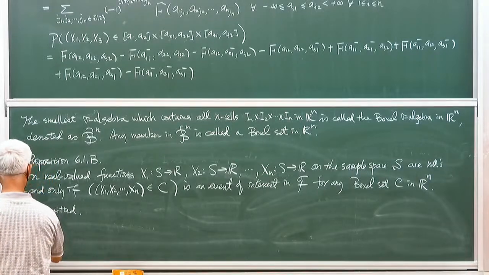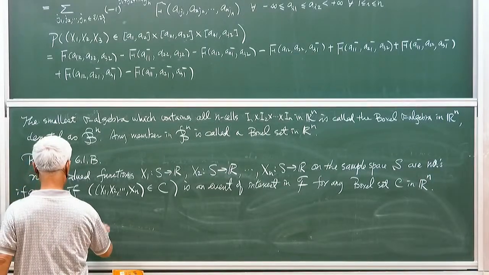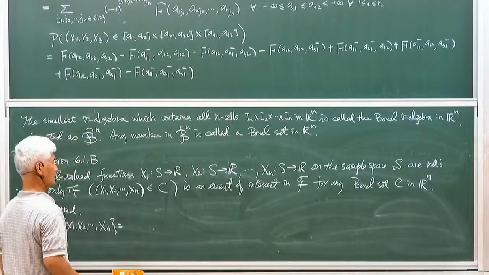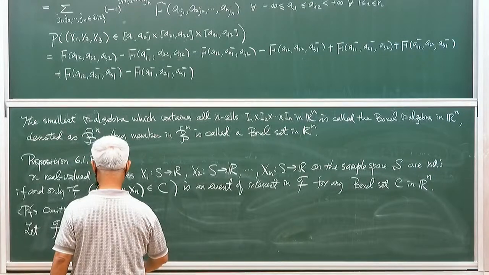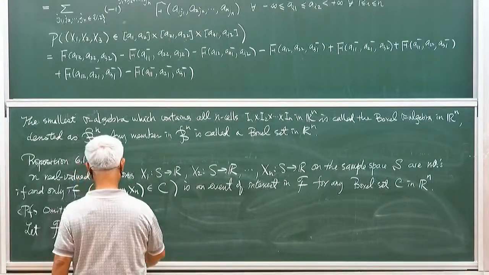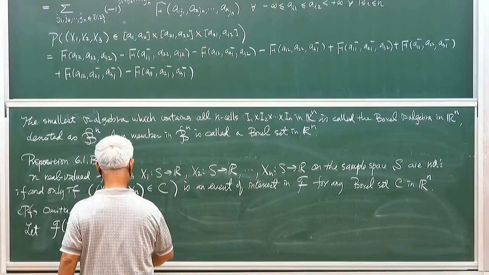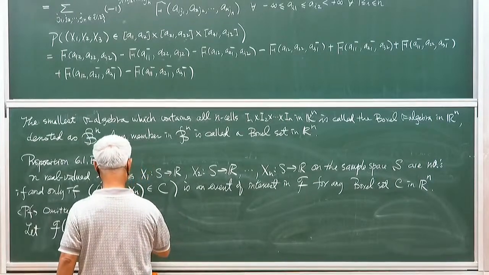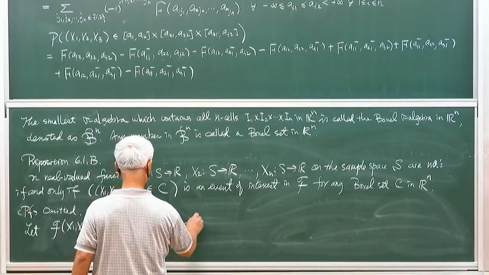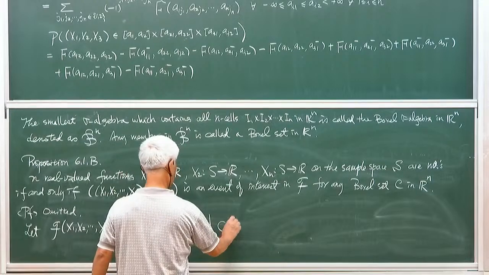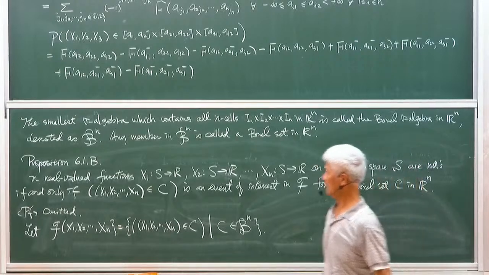And so we let F of x1, x2, up to xn be the collection of all events described in this way, such that C is in script Bn.